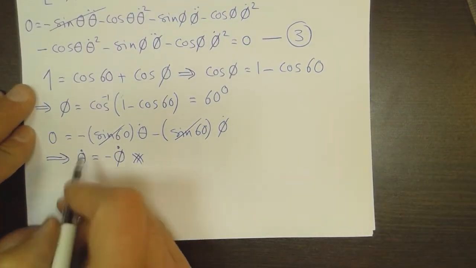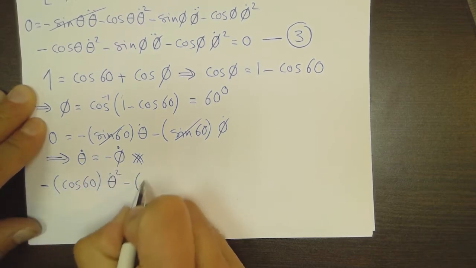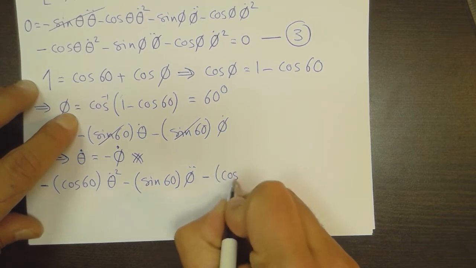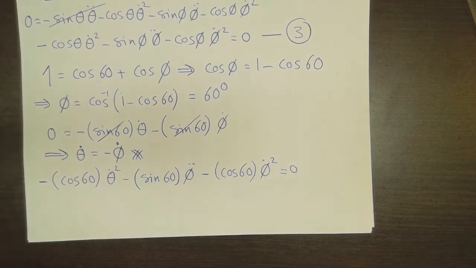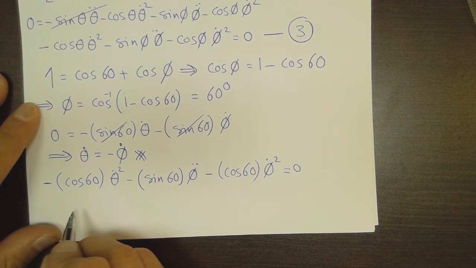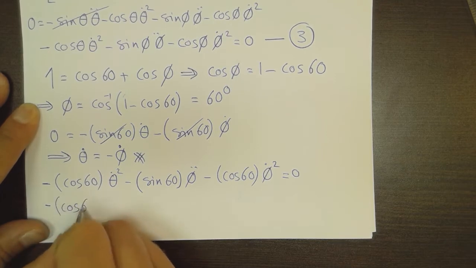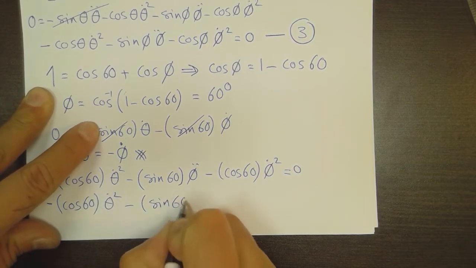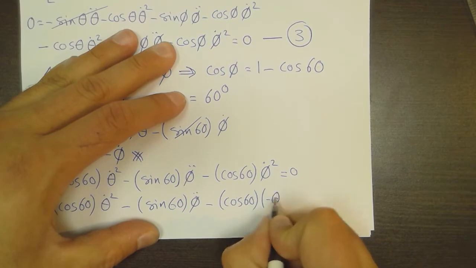We can say minus cosine 60 times theta dot squared minus sine 60 times phi double dot minus cosine 60 times phi dot squared equal to 0, and rearranging things, this equals minus cosine 60 theta dot squared minus sine 60 phi double dot minus cosine 60 times theta dot squared equal to 0.